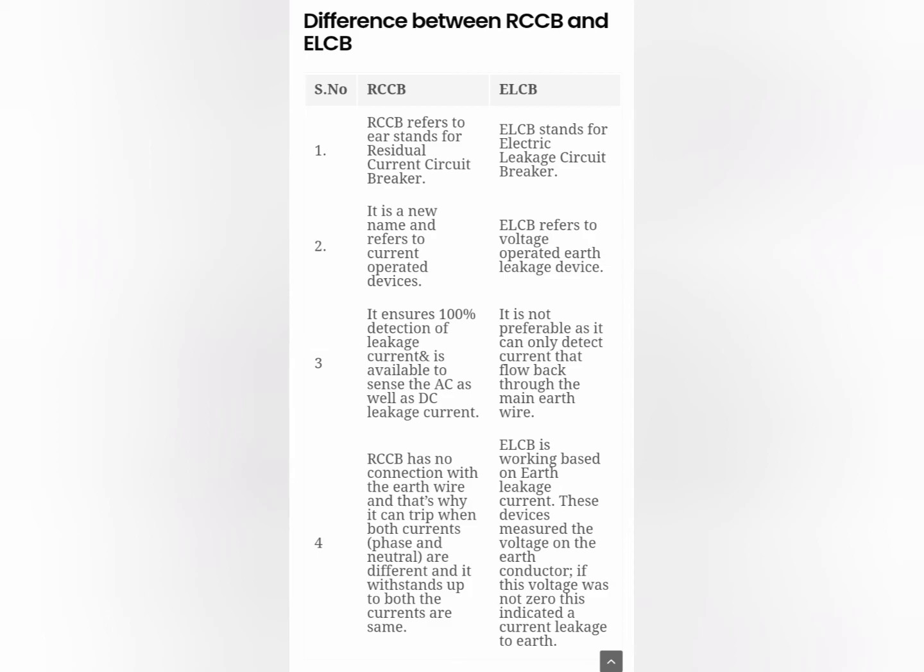Next, coming to the last point, RCCBs have no connection with earth, so they trip when there is any difference between the currents in the phase and neutral, and automatically the RCCB will trip. But in the case of ELCB, it is based on the earth leakage, so it measures the earth current and then initiates the trip.